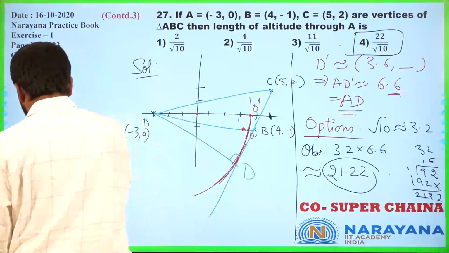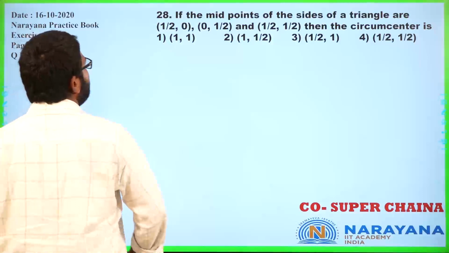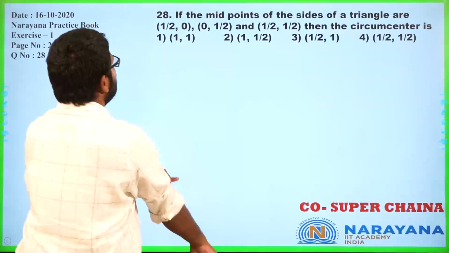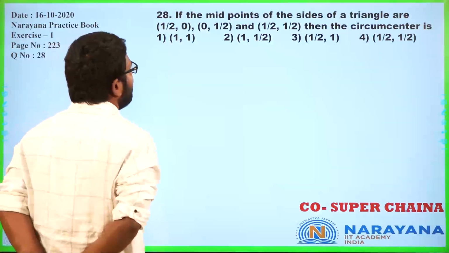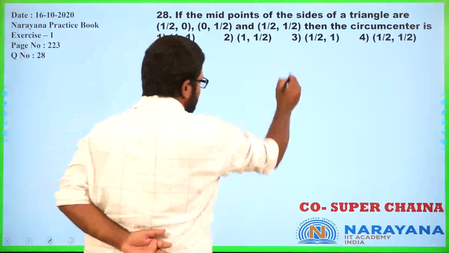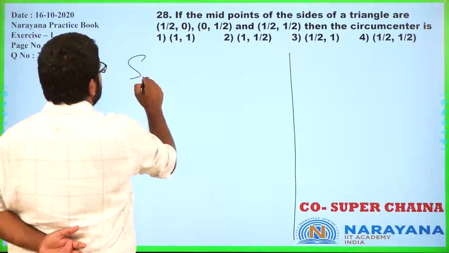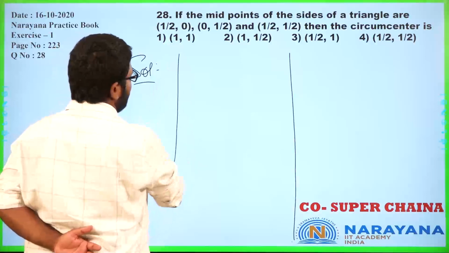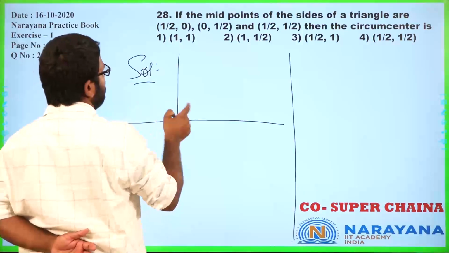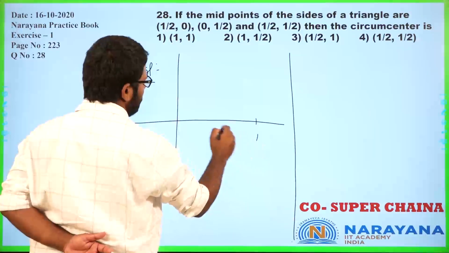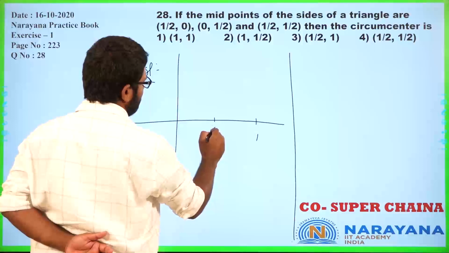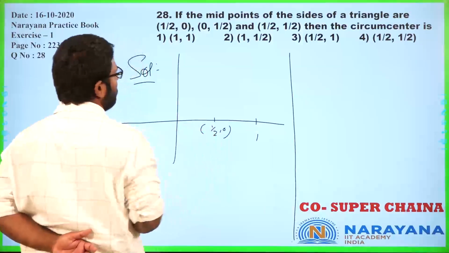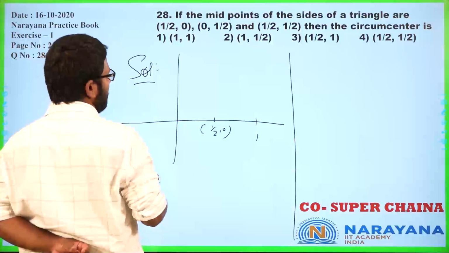Then let us proceed. If the midpoints of the sides of a triangle are half comma 0, 0 comma half and half comma half, then circumcenter is. Alright. So because exact coordinates are given, why don't we try and plot it? Let us say this is 1, so this will be half. Half comma 0 and 0 comma half.